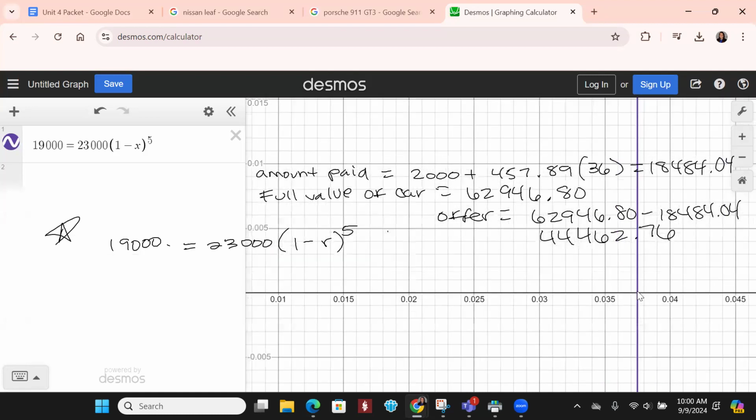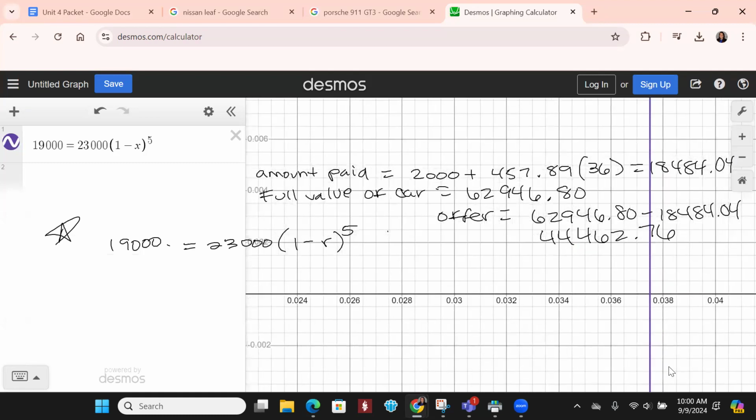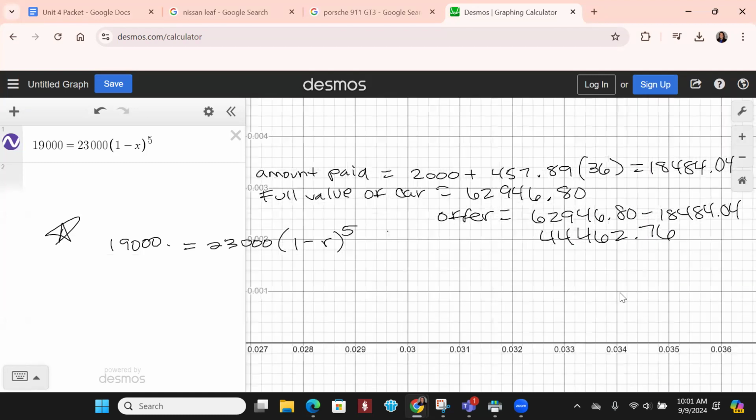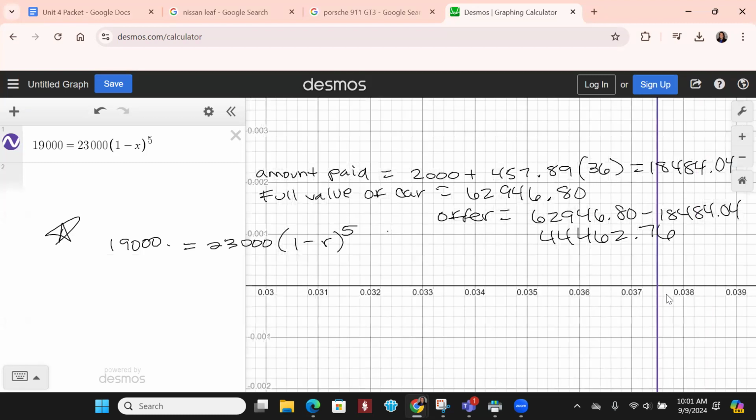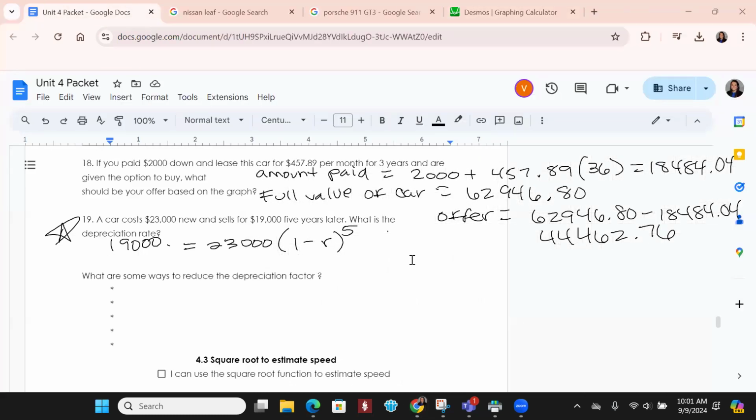I don't know why this is making me go all the way in to literally click on it. Anybody got that number? It should be 0.0375, right? Okay, cool. So R would equal 3.75%.